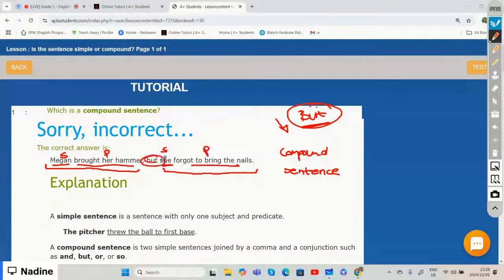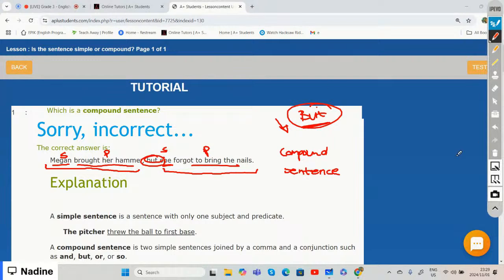And like we said, but is the conjunction that basically joins those two sentences. So well done. But is our conjunction that is joining those two simple sentences, and that makes it a compound sentence. So well done.